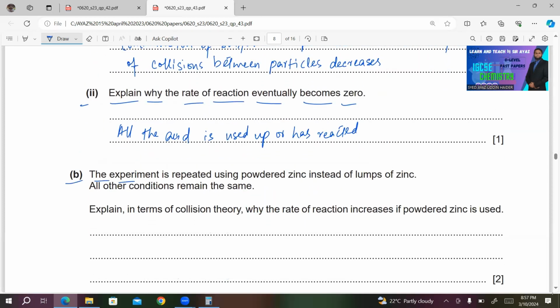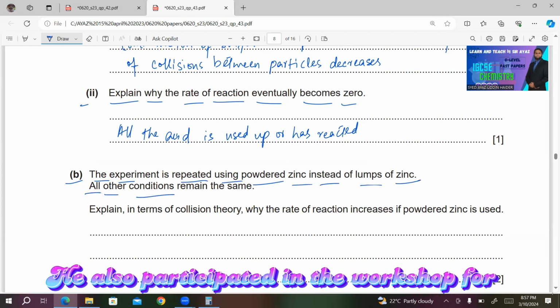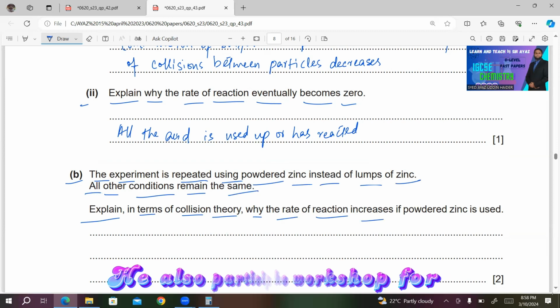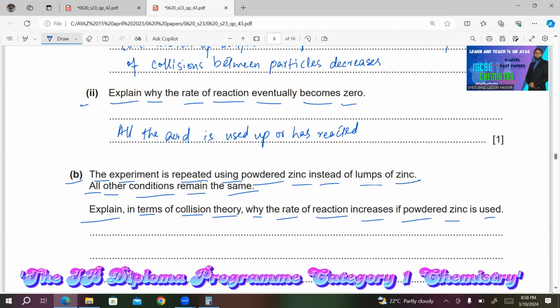B, the experiment is repeated using powdered zinc instead of lumps of zinc. All other conditions remain the same. Explain in terms of collision theory why the rate of reaction increases if powdered zinc is used.